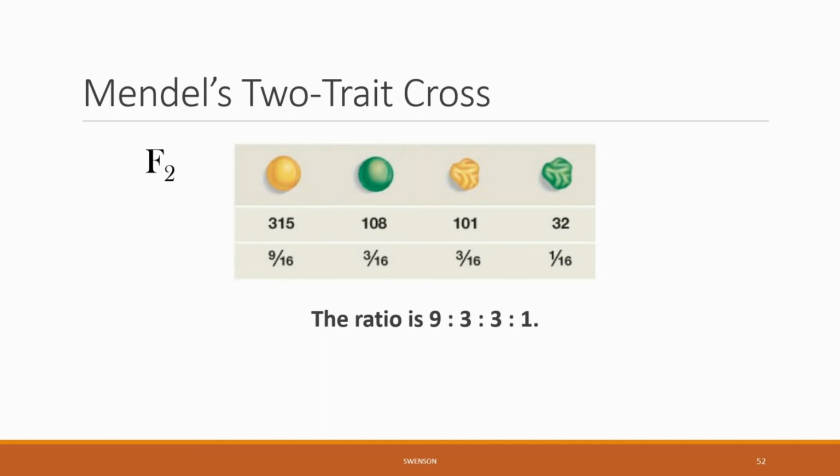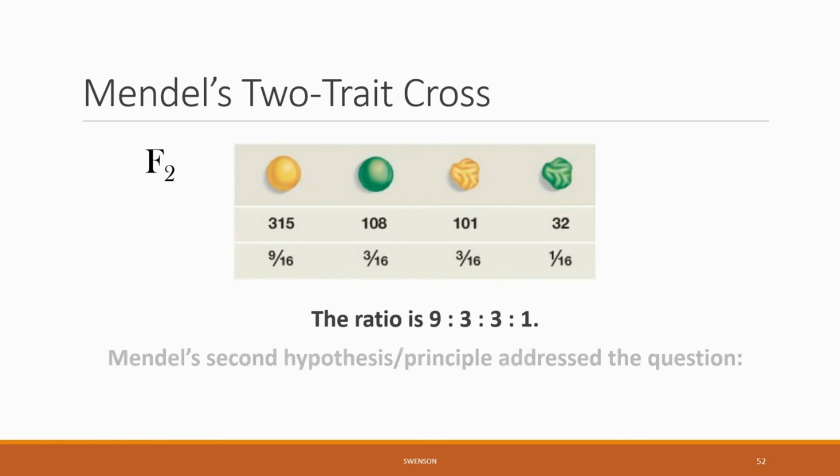And from this, Mendel's second hypothesis or principle addressed the question, why are the F2 ratios of a 2-trait cross always close to 9, 3, 3, 1?